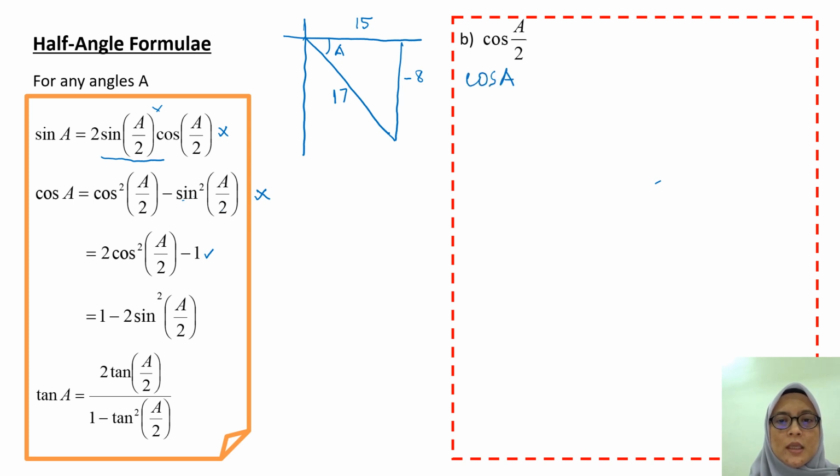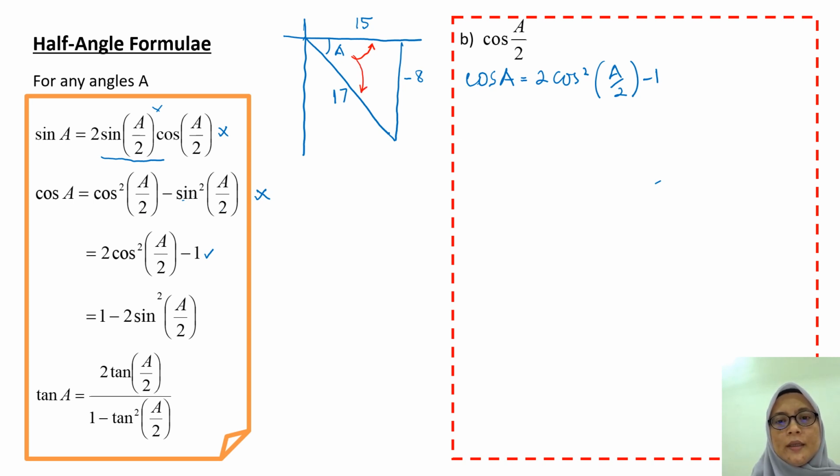Cos A equals 2 cos square A over 2 minus 1. Okay, so from the diagram we have the value for cos A. So cos A is adjacent over hypotenuse.